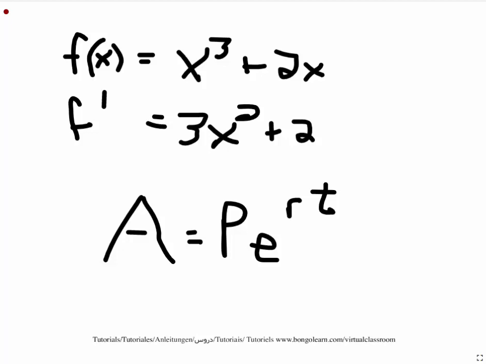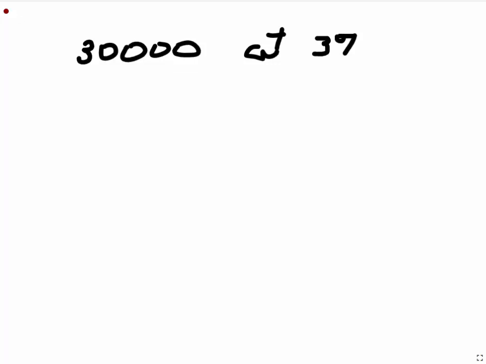Since it's an exponential equation, I have to use the natural log function. So let me give you an example. Let's say that we deposited $30,000, and we want to know how much is in the bank. It pays 3%, and they'll tell you it's compounded continuously, which means that's the e function, compounded 3% for 5 years.